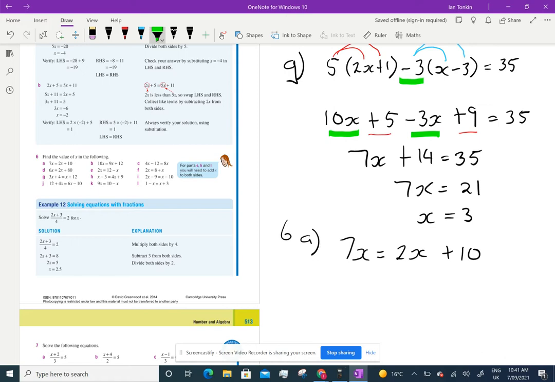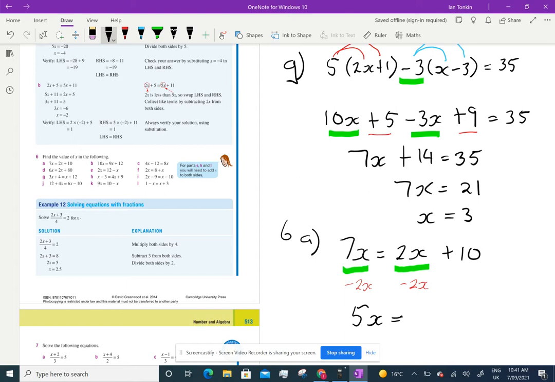Now, when you move them, move the smaller one. So you can take 2 x's from both sides, yeah? Or you can think I'm going to minus the 2x over to the other side. Either way, it doesn't matter. So if I minus 2x from both sides, that'll leave me with 5x here, because 7x minus 2x is 5x.